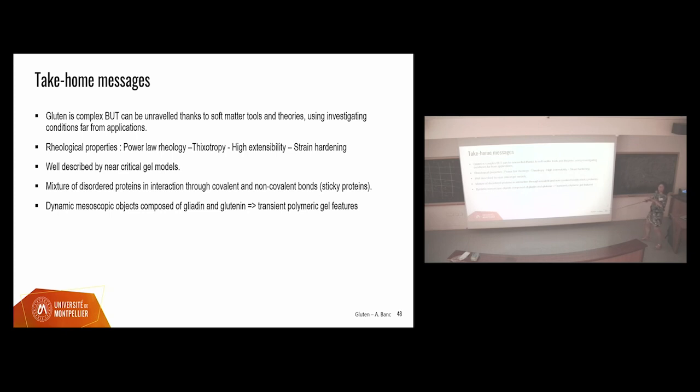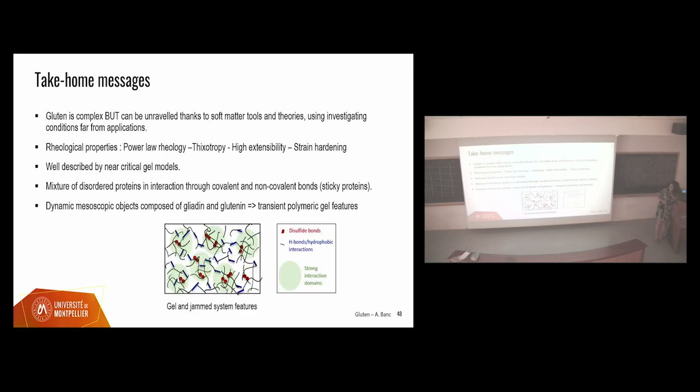This gel is made of disordered proteins, which interact through covalent disulfide bonds, but more importantly by non-covalent bonds, which makes these proteins very sticky, and form dynamic mesoscopic objects that contain both kinds of protein, which would confer transient features to these polymeric gels.